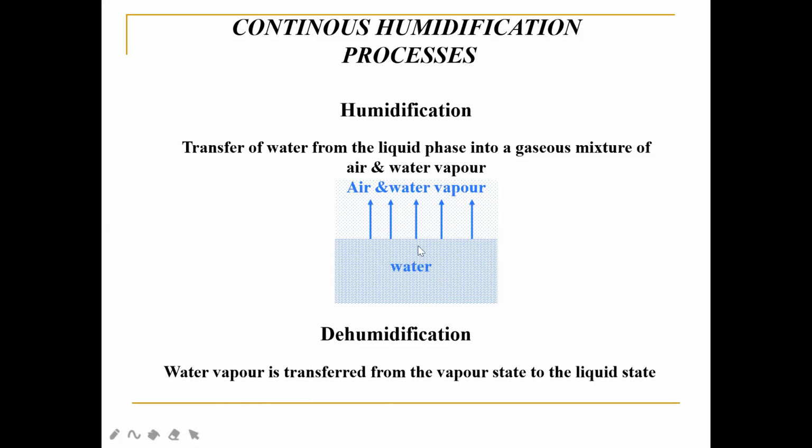Air is a gas, and water vapor is also a gas phase. Because of its volatility and the condition of the space above the surface of the water, it will evaporate and change into water vapor.